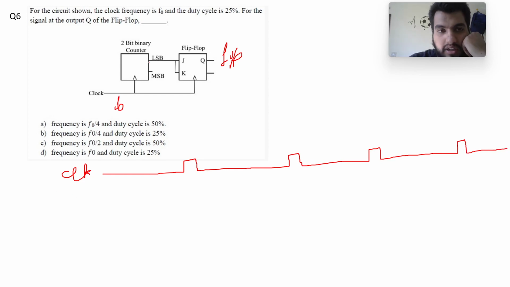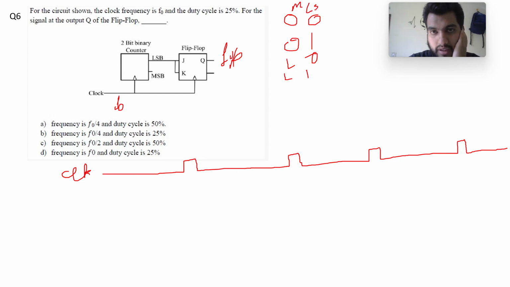Since only the LSB is connected to this J and K, what are the states of the 2-bit binary counter? It's 0 0, 0 1, 1 0, and 1 1. This is my MSB, this is my LSB. So the LSB is going 0 1 0 1.